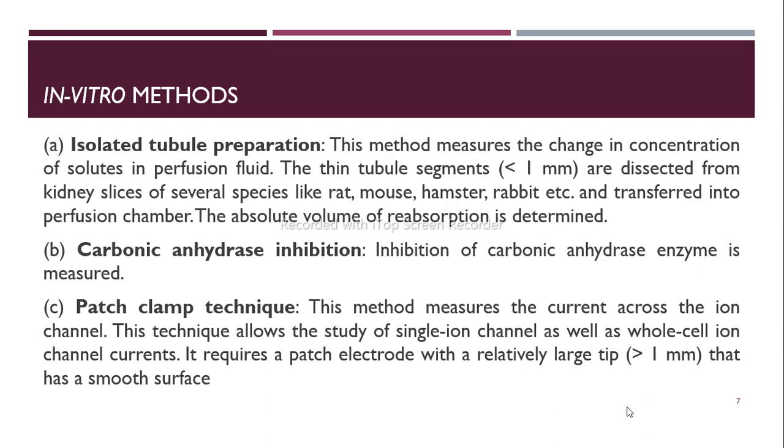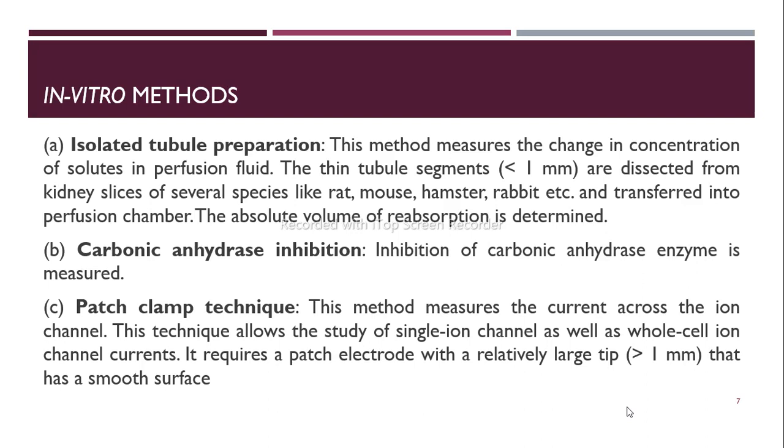We have to select a thin tubule segment, that is less than 1 mm. We have to dissect it from the kidney slices of several species like rat, mouse, hamster, rabbit, etc., and we have to transfer it into the perfusion chamber. Okay, absolute volume of reabsorption we have to determine.